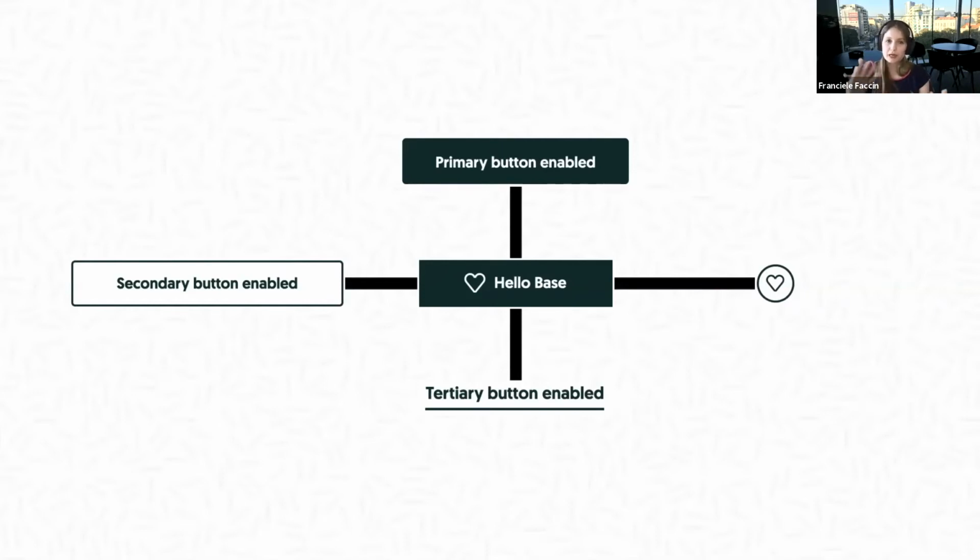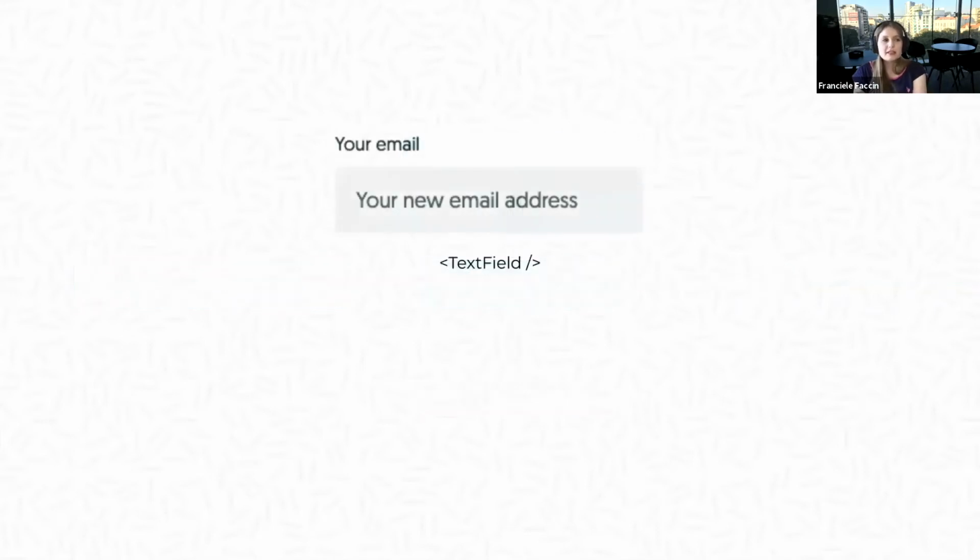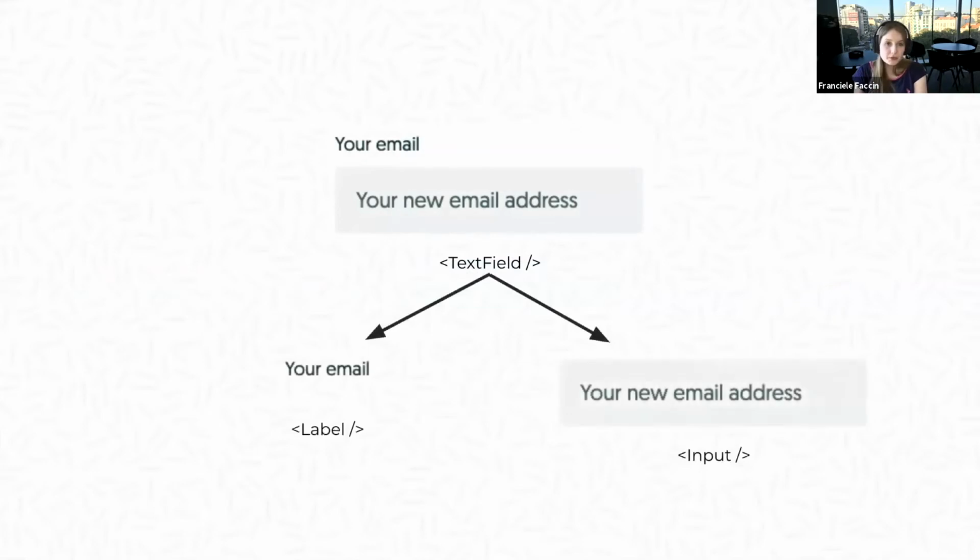And it's starting to become a very complex situation. So even a simple text field can be broken down into label and input, and then these smaller parts can be used later to compose with other things. But be careful to not start breaking it too much, or you end up with dust, and we don't want that. Then we won't be able to work on that level.